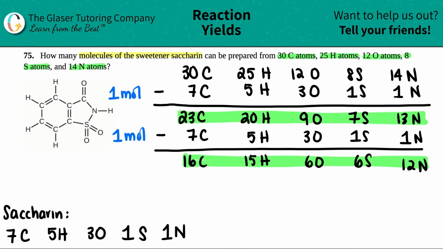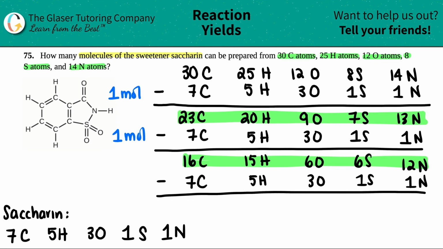Let's do it again. So I'm going to subtract another round. 7 carbon, 5 hydrogen, 3 oxygen, 1 sulfur, and 1 nitrogen. Is this the one? Let's see, 16 minus 7 is 9 carbon. 15 minus 5 is 10 hydrogen left over. 6 minus 3 is 3 oxygen. 6 minus 1 is 5 sulfur.